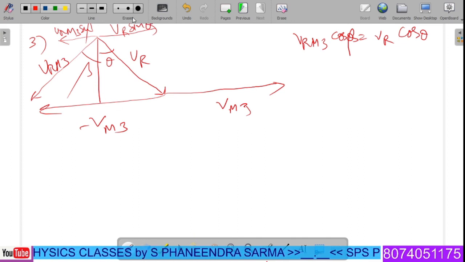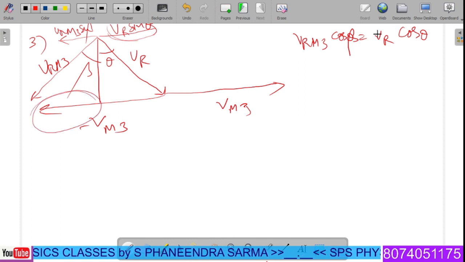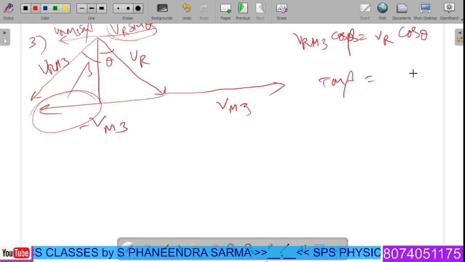Now with respect to this component, this is the excess value only. Therefore, tan beta is equal to the opposite side. What is the opposite side here? The excess value. What is that excess value?